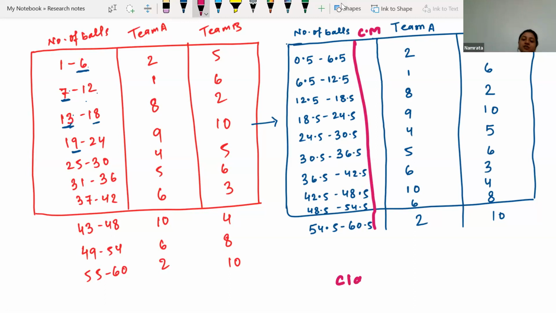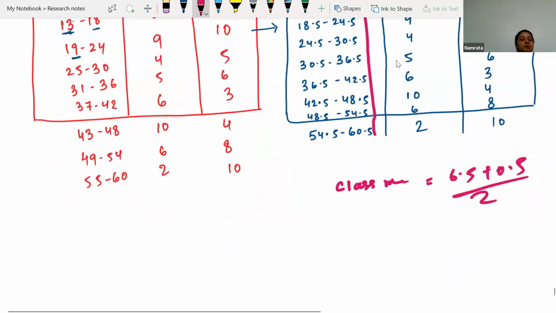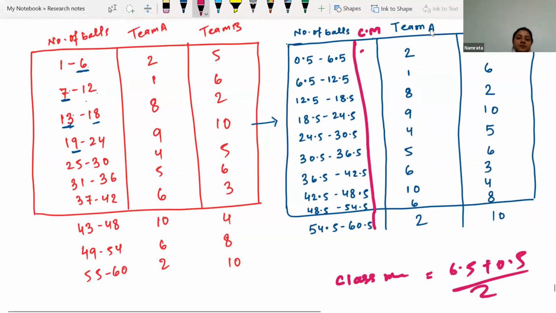So the class mark for the first interval you can find as upper limit plus lower limit divided by 2. 6.5 plus 0.5 over 2. What will be the class mark for the first interval? 6.5 plus 0.5 will be 7, over 2, that means 3.5. So the first one will have 3.5.